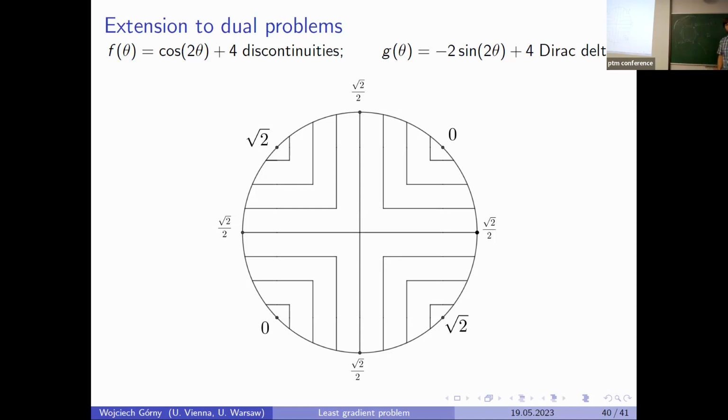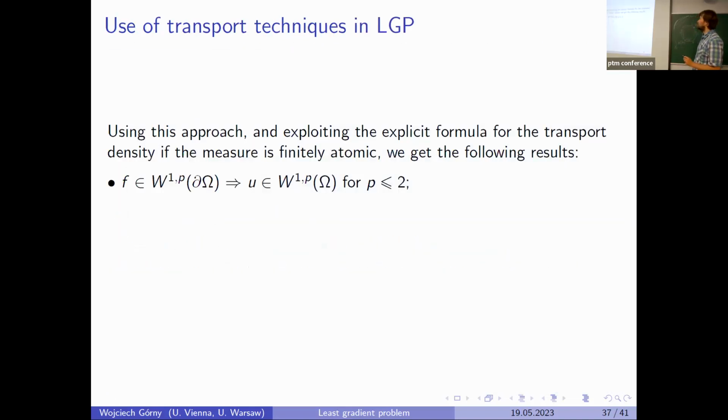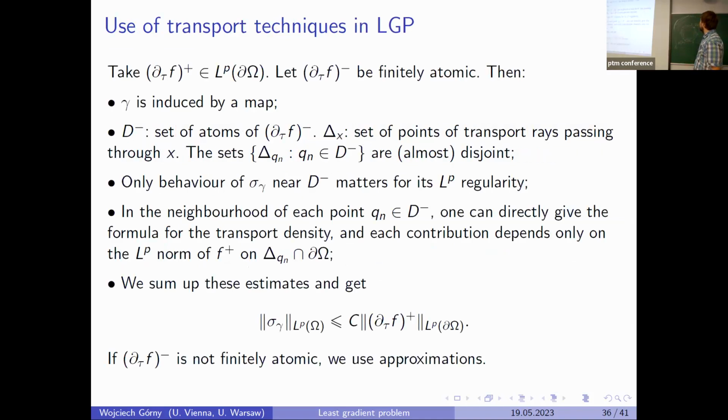More questions? You mentioned that in this optimal transport part, some of the solutions are explicit. Well, what I mentioned is that if we make this argument, then on the level of approximations, our solutions are explicit.